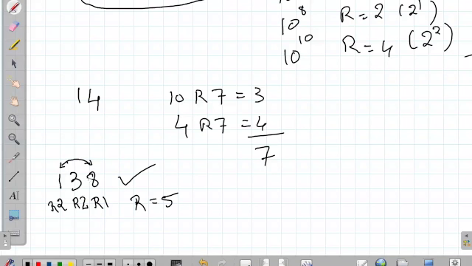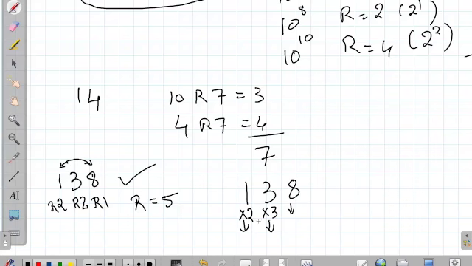Let me list down the operations that we had to do for this. So 138, we took the remainder of this with 7. We multiplied this by 3 and took the remainder with 7. And we multiplied this by 2 and took the remainder with 7. Is this what we were doing?